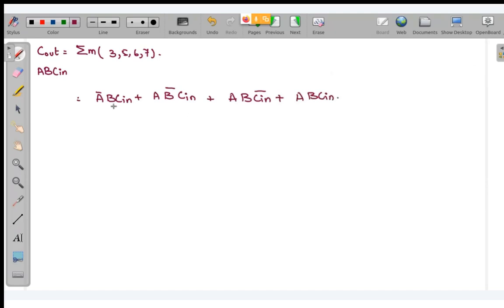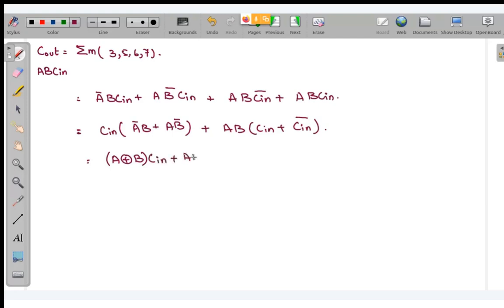Now look very carefully. I can take these two terms and write it like C in common (A complement B plus A B complement), and over here I can take AB common, and this is C in plus C in complement. So this is A XOR B, C in plus AB.